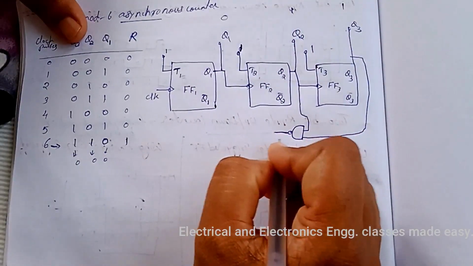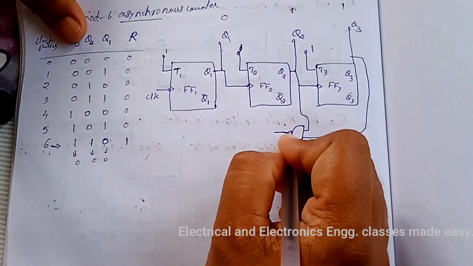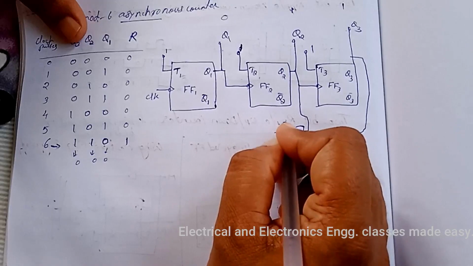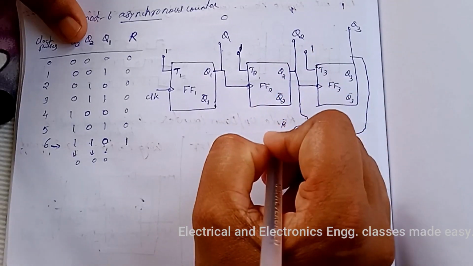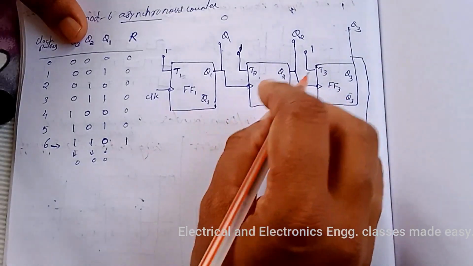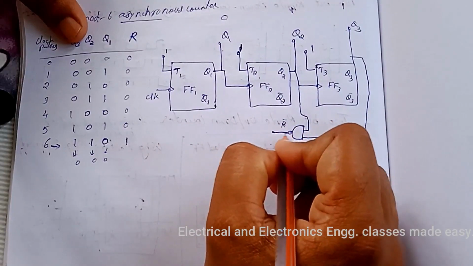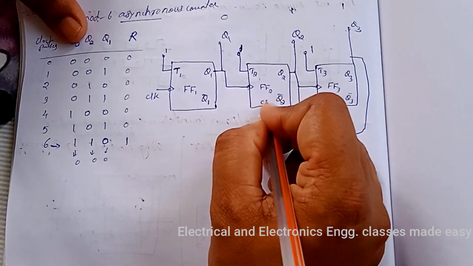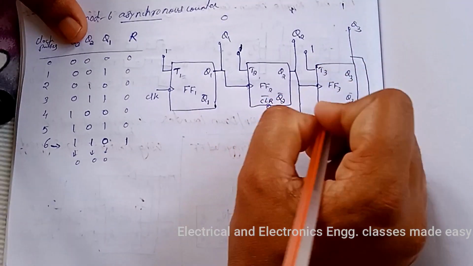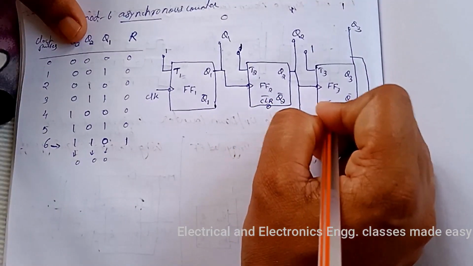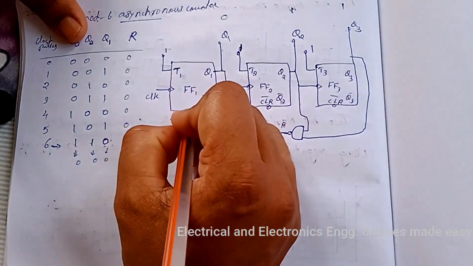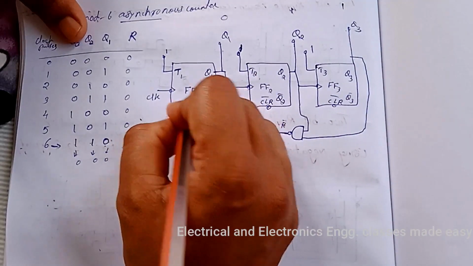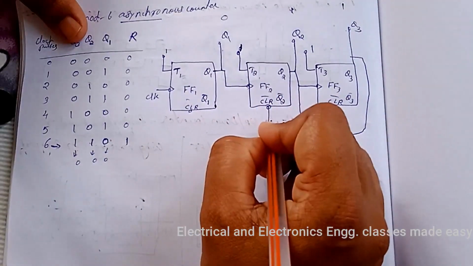That is, this is R, so we get this R bar, and this should be cleared. So here we can use the clear inputs. So we have to clear this.